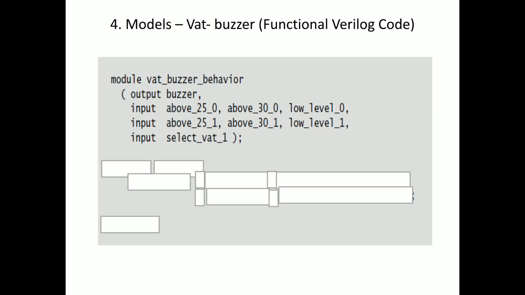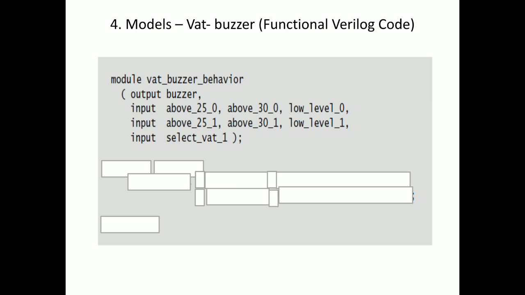Assign output equals expression, output equals Boolean expression, output equals operator. This keyword should be used while writing a combinational circuit. This is the syntax, ending with a semicolon, for writing combinational output functionality.